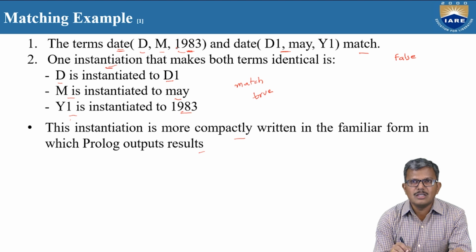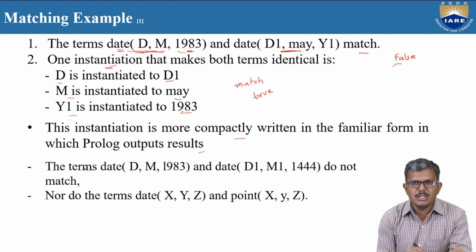For example, in the database you have represented this kind of complex term, but when you are asking the question, this kind of representation is taken. So the answer is going to be true when you perform the instantiation of these two, right? Otherwise the answer will always be false.